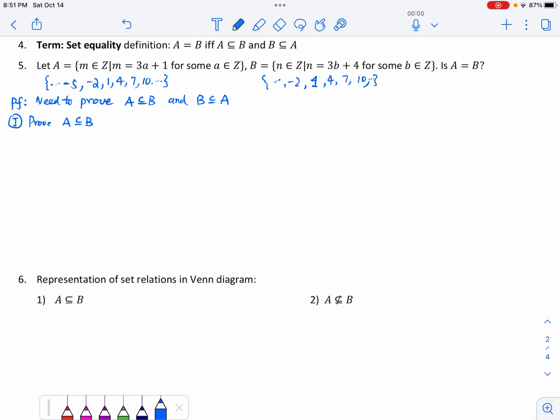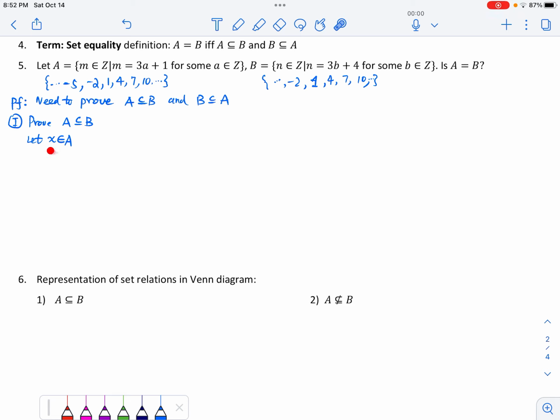From the last problem, I hope that you know how to prove a set is a subset of another. You let x be an arbitrarily chosen, typical element from A. So basically, I'll just say let x be an element from A. This really means it's arbitrarily chosen and not specifically, biasedly chosen.